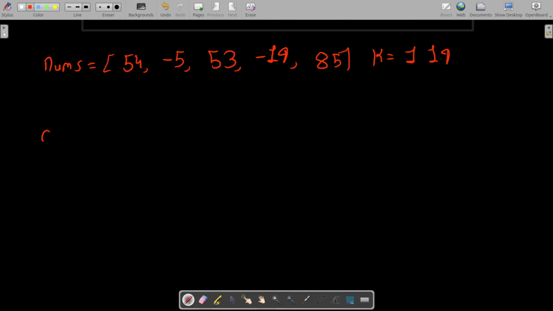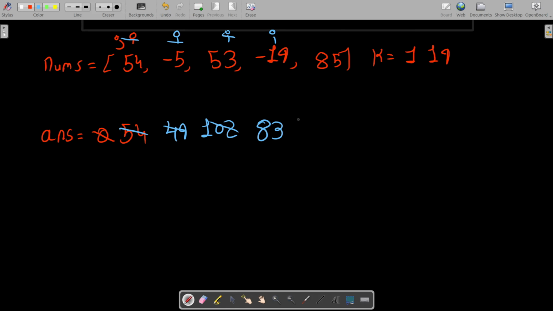So if we start with answer equals 0 and our i pointer is there and j pointer is there, we will take 54, then our i goes here, then we will have 49, then again i will go here, and then we have total equals 102, and then we have to reduce the 19 and i will be here, and we will get 83.